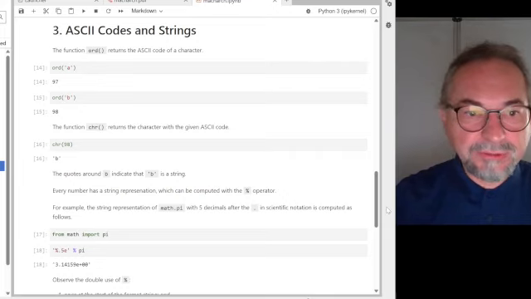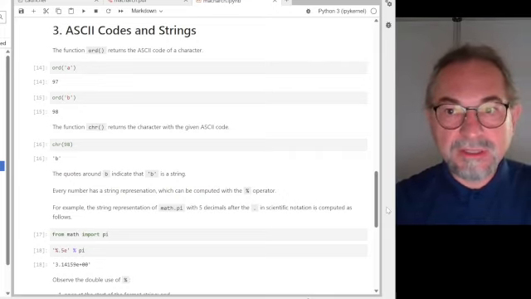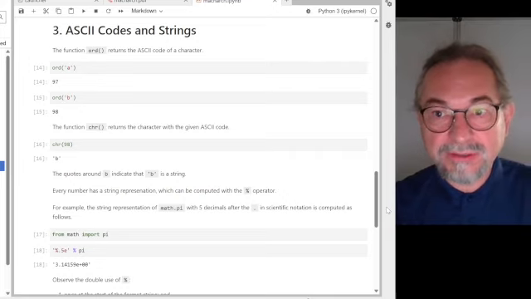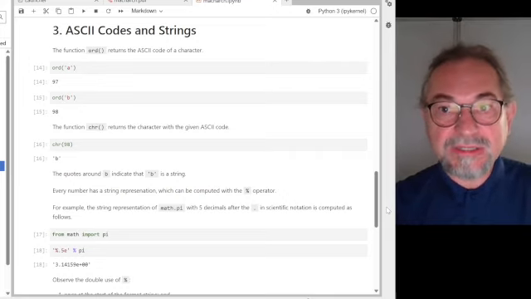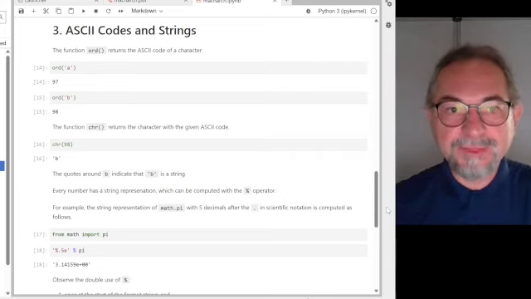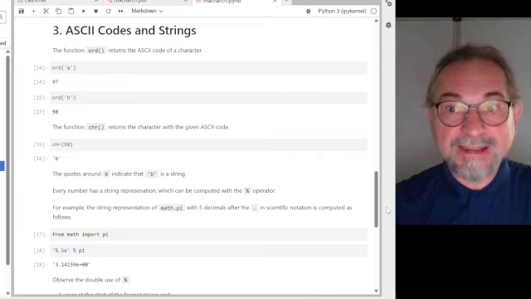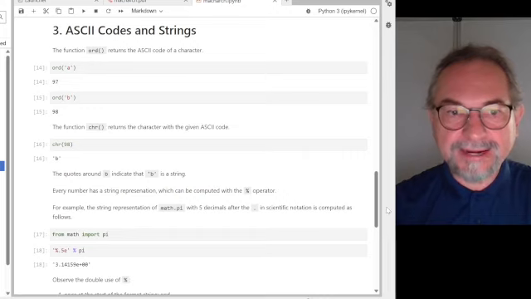Notice that you can tell from the way the output is formatted what the type is. So you can infer that the result of ord is a number, and the result of chr, short for character, is actually a string.